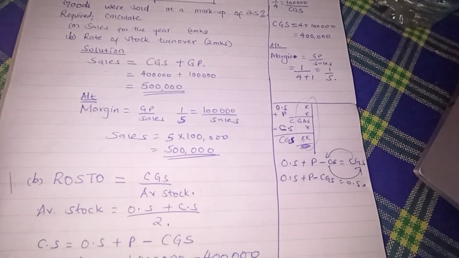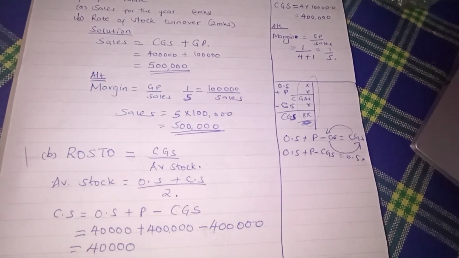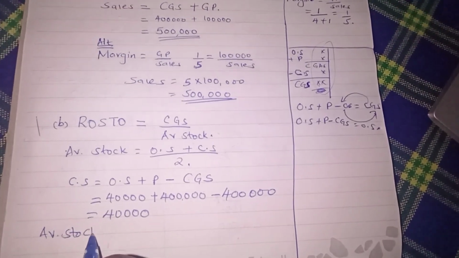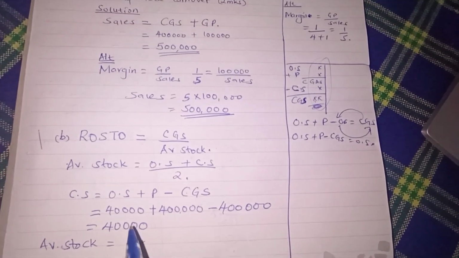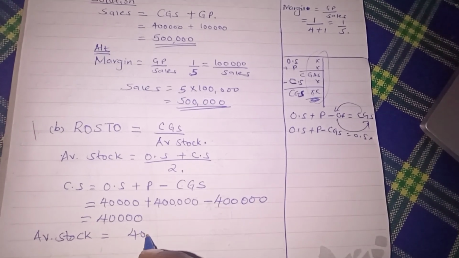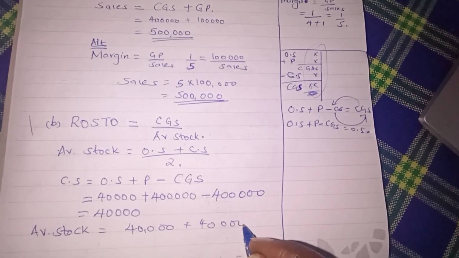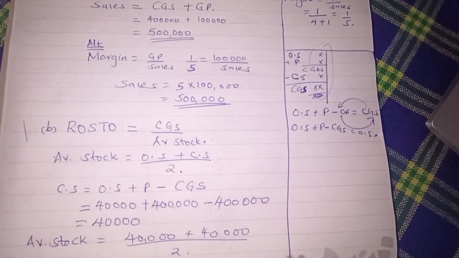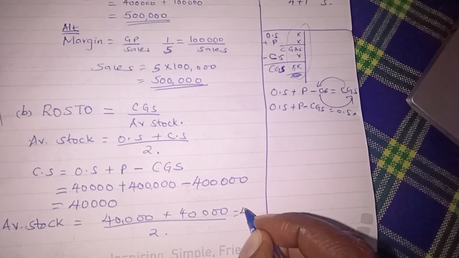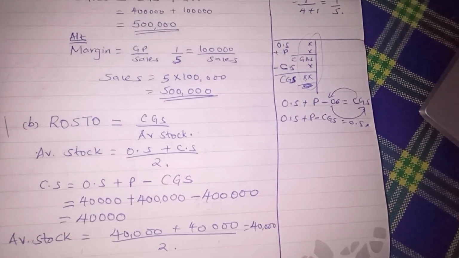And therefore, our average stock is equal to opening stock, which is 40,000, plus closing stock, which is also 40,000, divided by 2, and this gives us a total of 40,000.